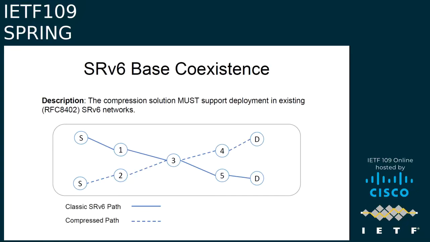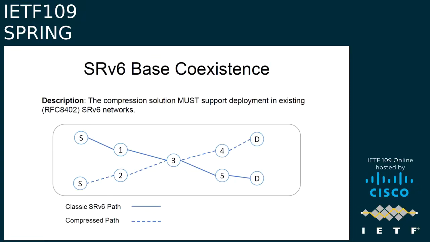And that can be restated: are we here to optimize behavior for deployments that already use the SRH heavily, or are we here to equally keep in mind the greenfield point that's going to happen after the compression mechanism is specified?